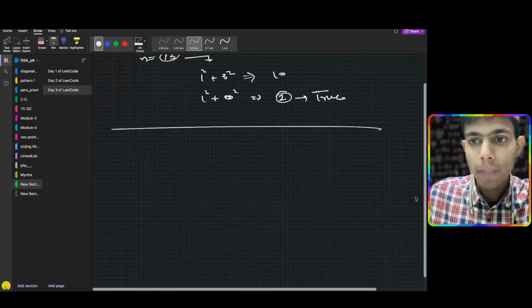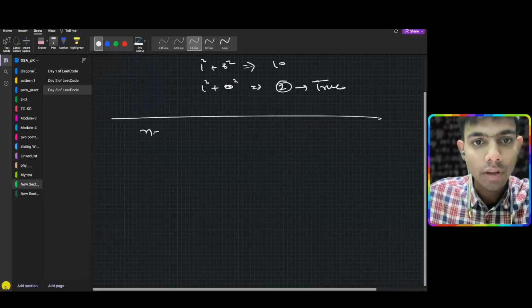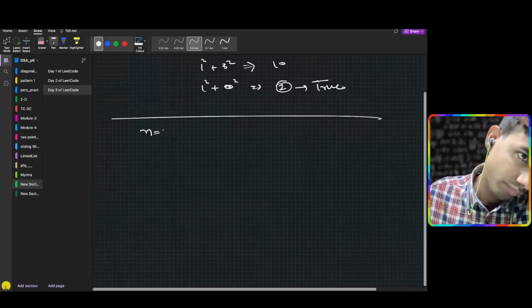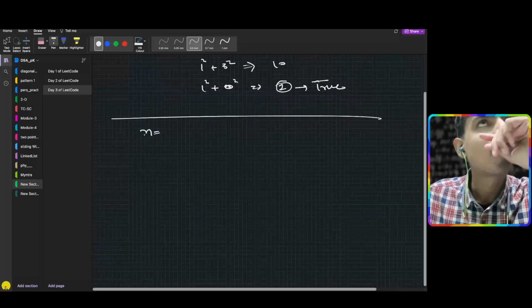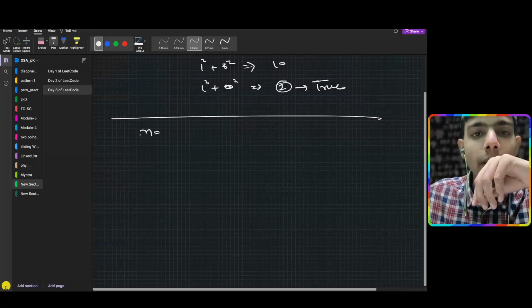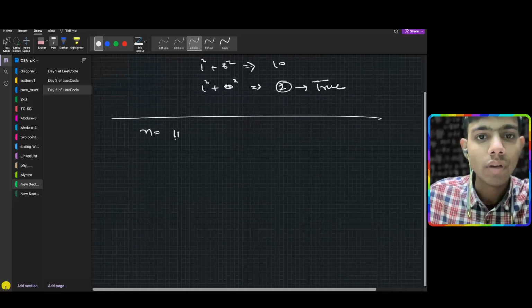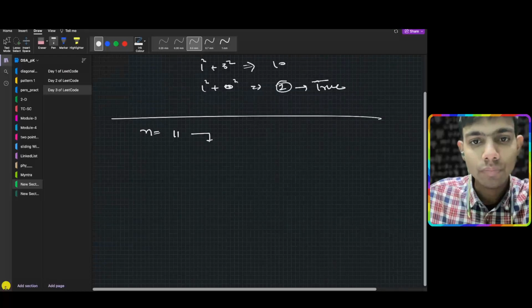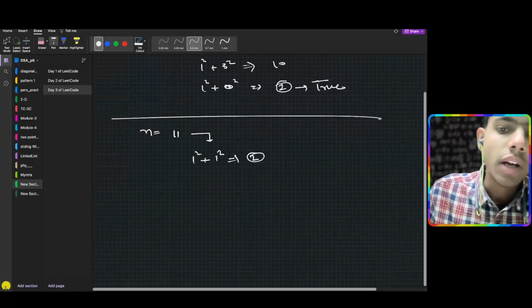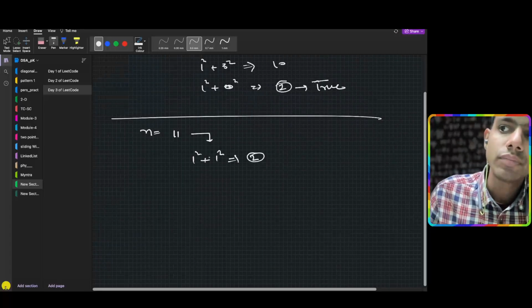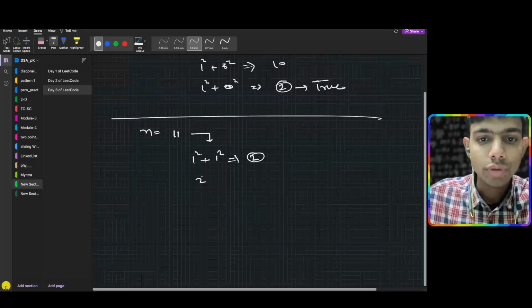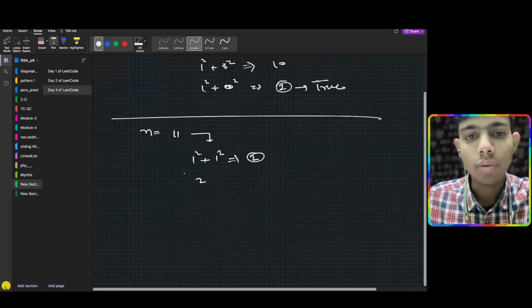Let's take another number. N is 11. So 1 square plus 1 square, that is 2.